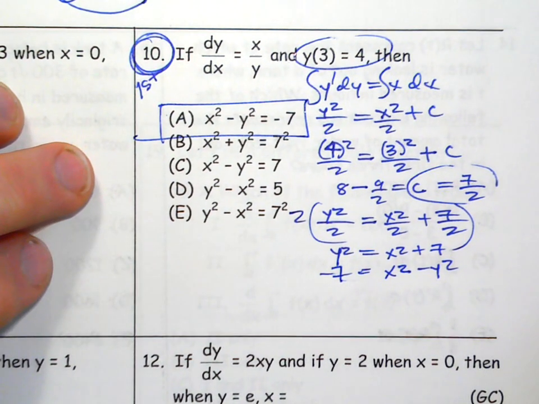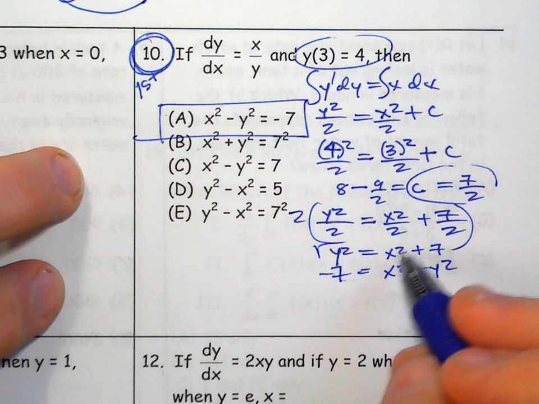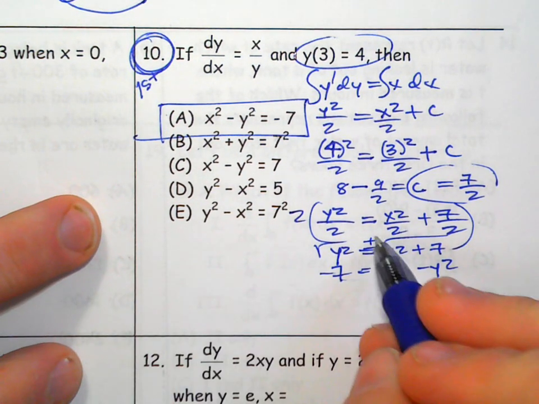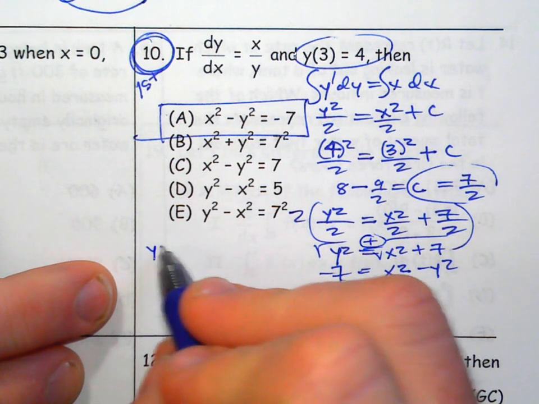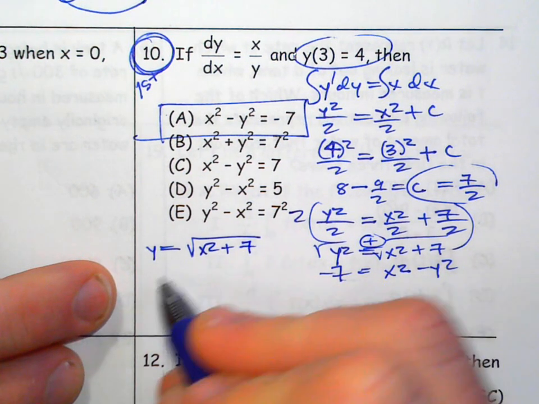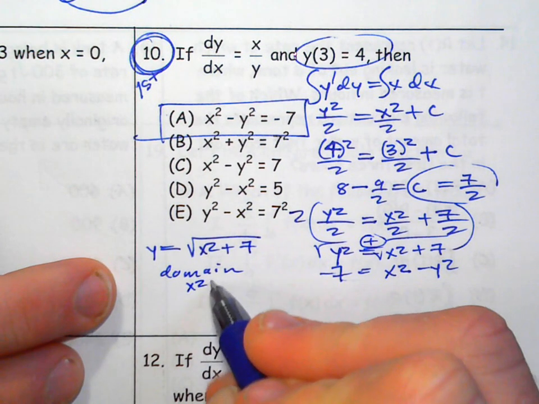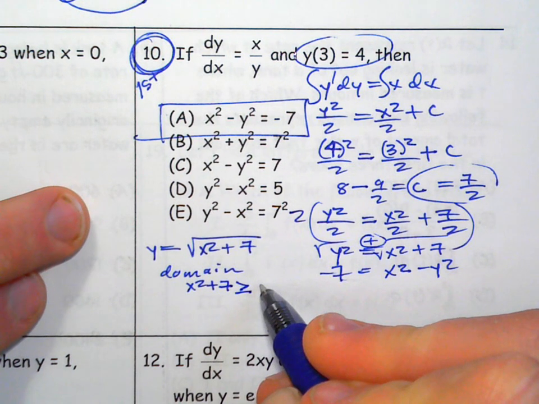Otherwise, if you were to solve and get y by itself, you would take the square root of both sides, plus or minus. We would go with the positive because when you plug in 3, you should get positive 4. And then you would want to figure out the domain. We definitely want to make sure the inside of the square root is positive or equal to 0.